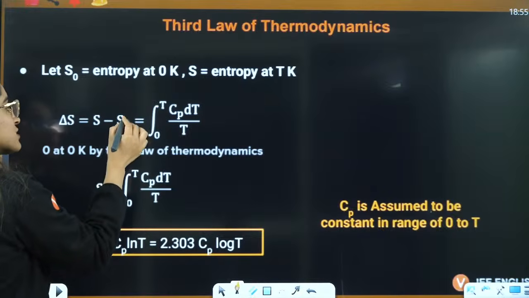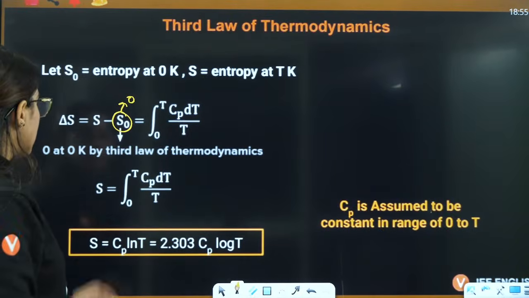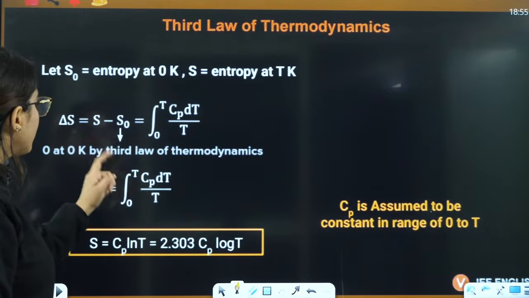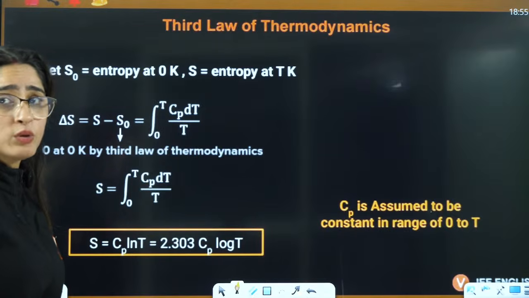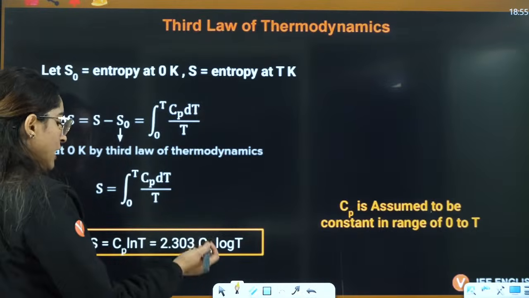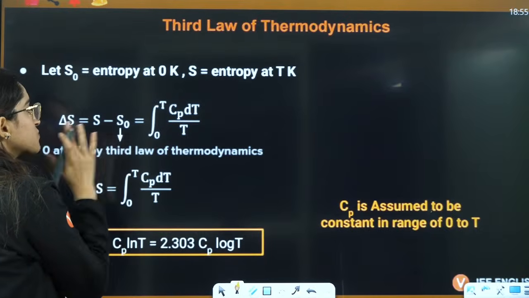This S minus S naught we already know is 0 at 0 Kelvin by the third law of thermodynamics. It is a law that says this will be 0. So I'll just put it 0.